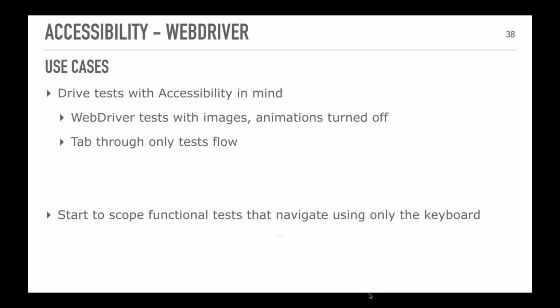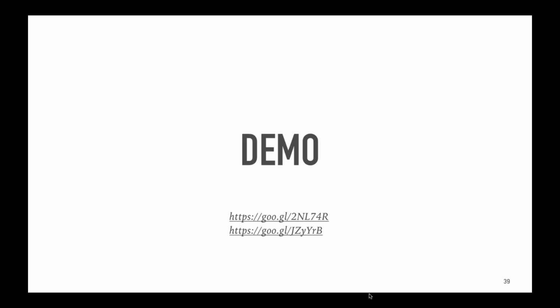Also, if you're starting your application new and putting together an automation strategy, it is good to scope some of the functional tests so that they navigate only with the keyboard, using the tab functions. We can see a slide demo on how this can be done. The code samples are here on the Google short link that you can refer to later when you have these slides.